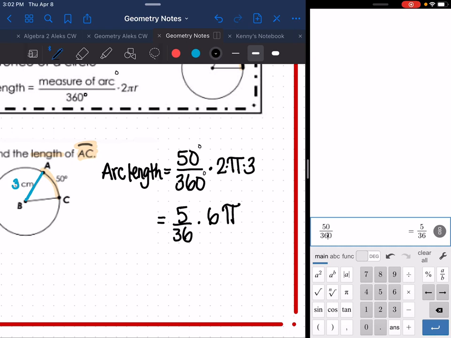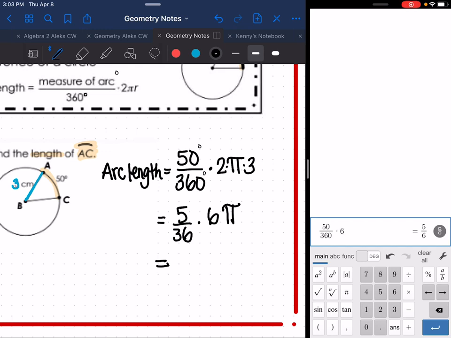All right, now I'm going to get out of my fraction, and I'm going to hit times 6, and it's going to stay in the fraction for me. If it goes back to the decimal, just click the circle, and it'll go back to the fraction for you. Once again, I left it as 50 over 360 times 6.